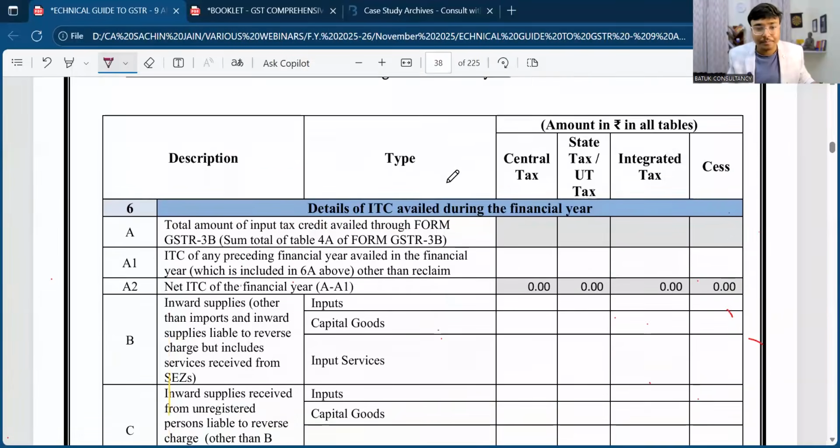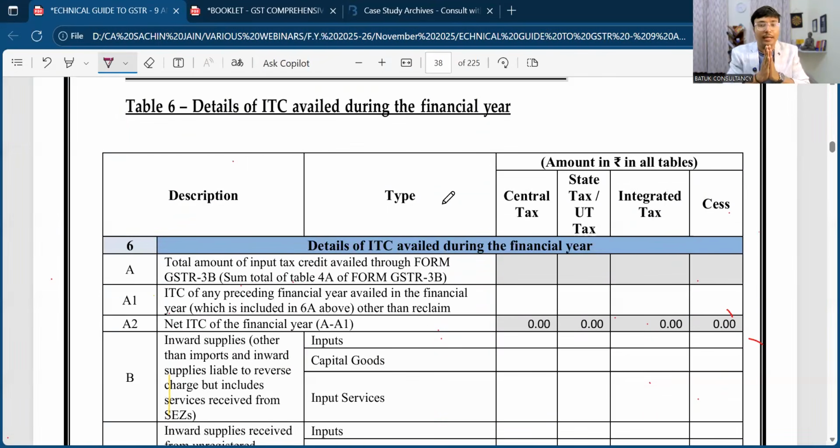Now, sir, input tax credit. While filing the GSTR 1 and 3B return, in GSTR 1 we are reporting the invoice wise details. Suppose 2023-24 related things you have reported in 2024-25, in that case the system will automatically identify that this invoice is related to 2023-24, so it will not be included in your part number 1.